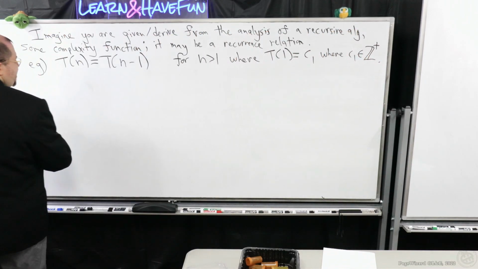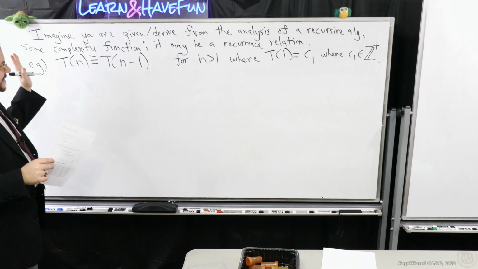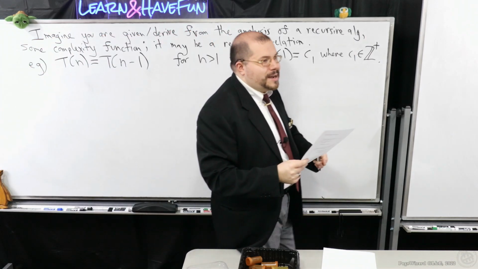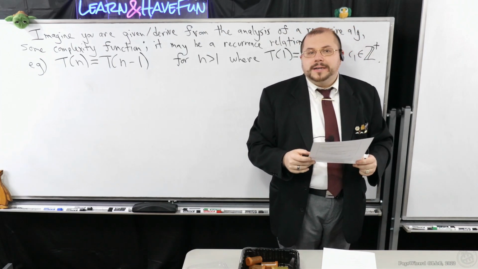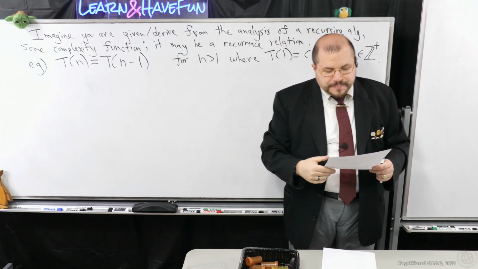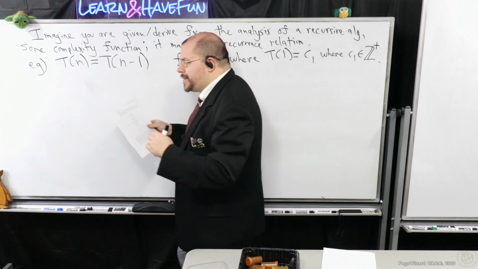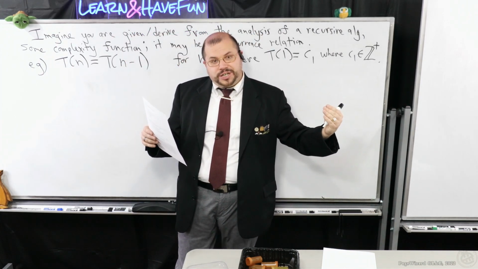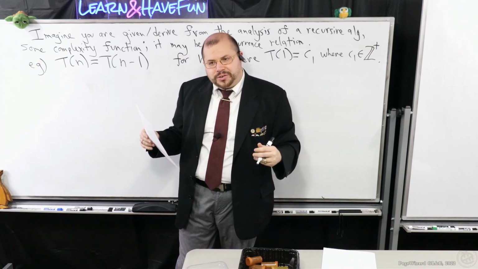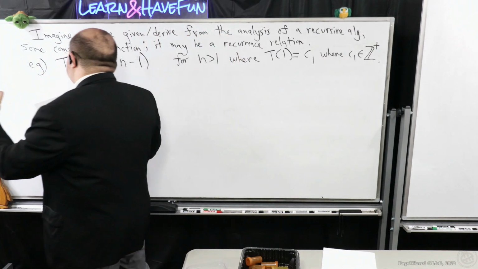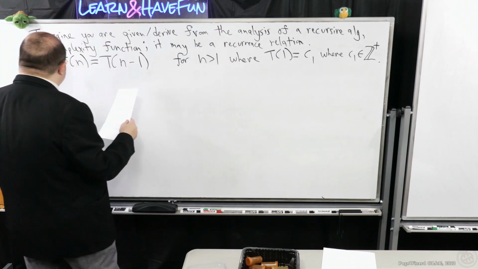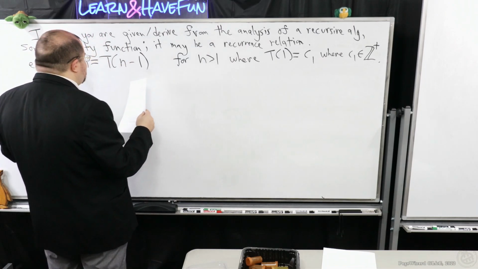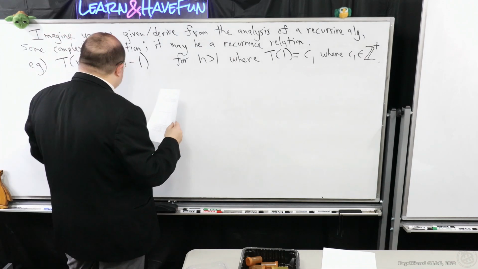So I must stress that this is just meant to illustrate the principle of collecting up the non-recursive work of each call. So we're going to use so-called repeated substitution or iterative substitution. These are two names for the same thing generally, or some people call it solving by iteration. We're going to use this technique in this example. We'll also do another one, and then we'll see how we can check it.